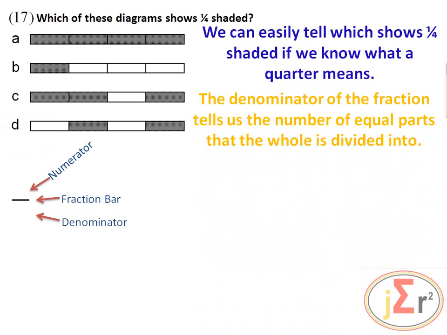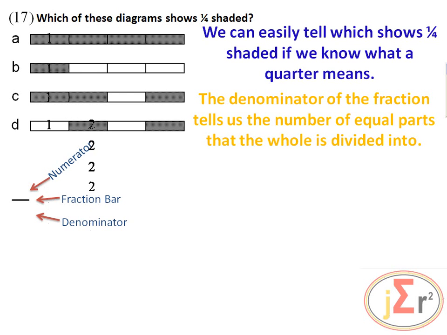The denominator of the fraction tells us the number of equal parts that the whole is divided into. So Jerry, what will be the denominator of the fractions for what we have there? 4.